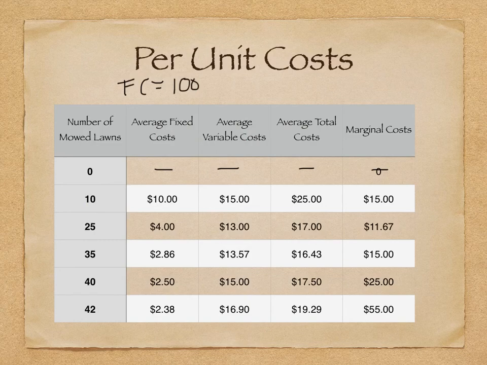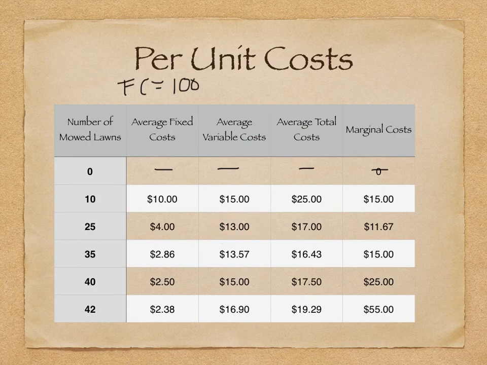So if we take 150 and divide that by the 10 lawns, you'll notice that the average variable cost is 15. Similarly, when we had 2 workers working, the variable costs were $325. If you divide 325 by 25, I'm giving you time to use your calculator if you want, you're going to arrive at $13 as your average variable cost.